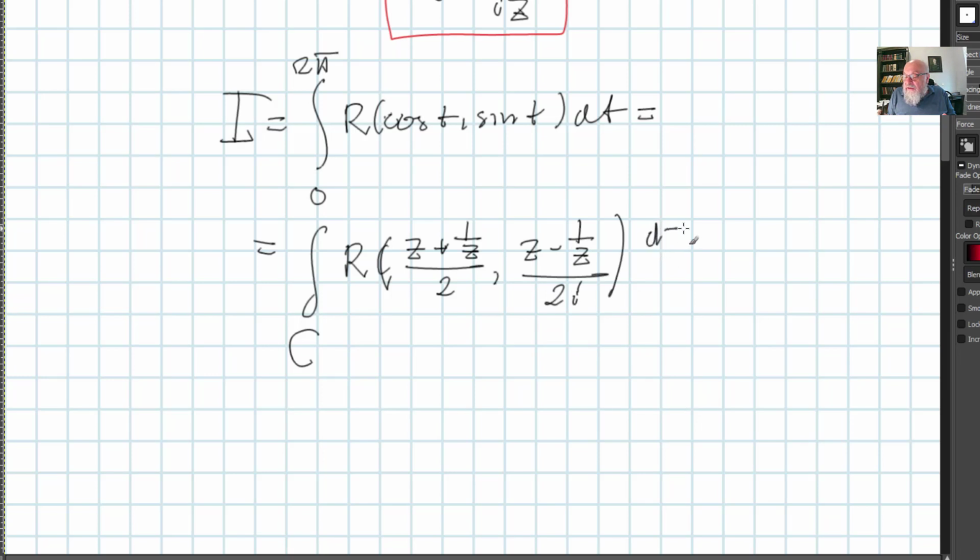This is the conversion to a complex integral.